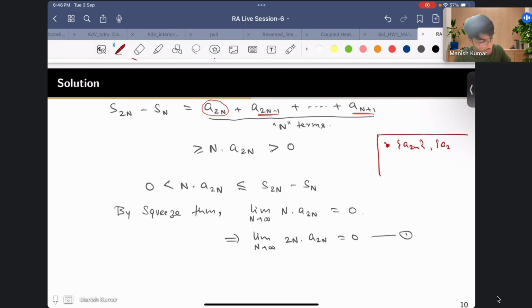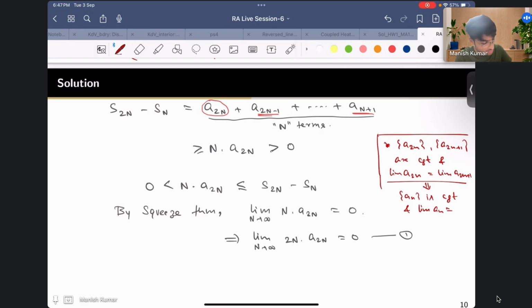If both these subsequences are convergent, and the limit of a_2n is the same as the 2n plus 1th limit, if you have this criterion, then this implies that the sequence a_n is convergent and its limit is the same as these limits.